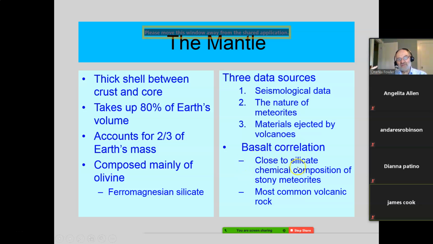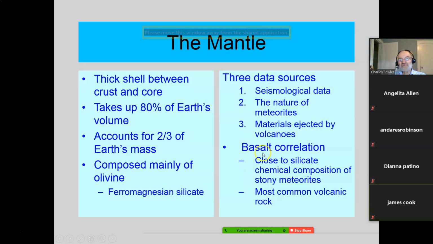They're close in silicate composition to those stony meteorites that landed from outer space. Now, the basalts are your most common volcanic rock, but that to me has not much to do with the mantle's makeup, except that it's high in iron content. Of course it is. Most of the interior of the Earth is very high in iron content. Okay, so that's not surprising.